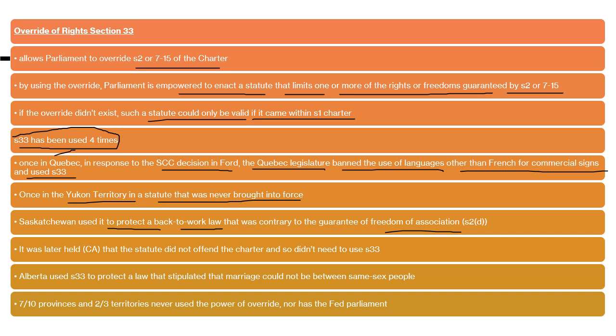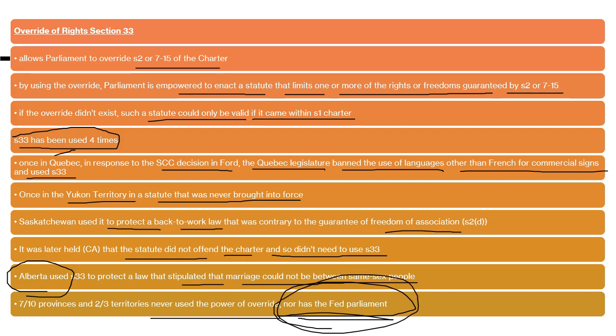It was later held that the statute did not offend the Charter, so it didn't need to use section 33. It was valid in itself. Then Alberta once used this section to protect a law that stipulated that marriage could not be between same-sex people. So 10 provinces and 3 territories have never used the power to override, nor has the federal government ever.